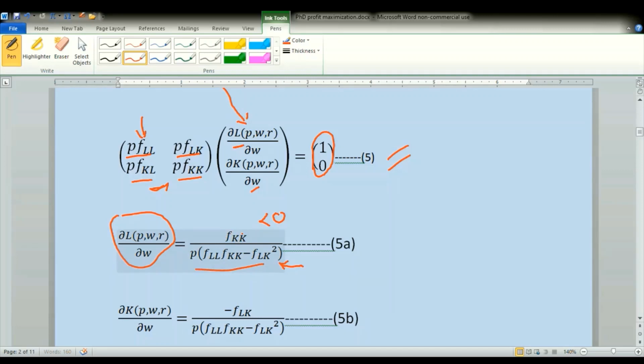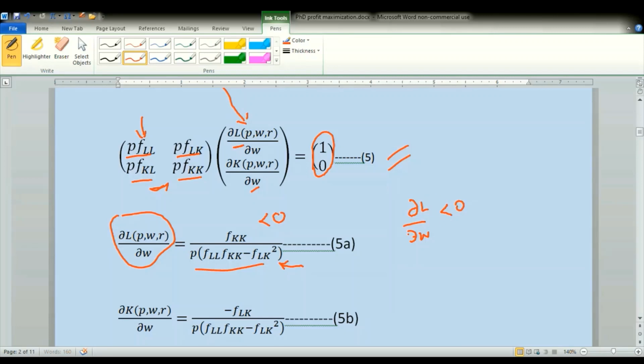So in this equation the numerator is less than 0, the denominator greater than 0. So ∂L/∂W actually turns out to be less than 0.